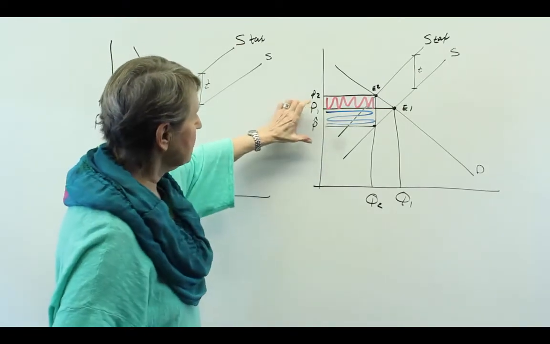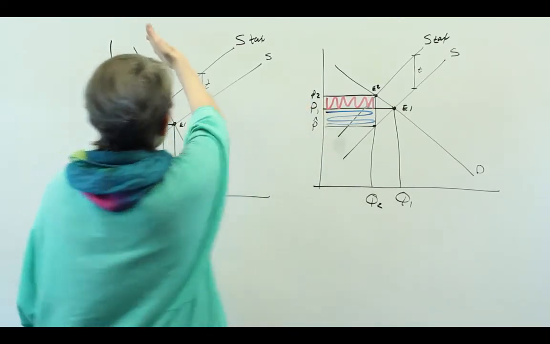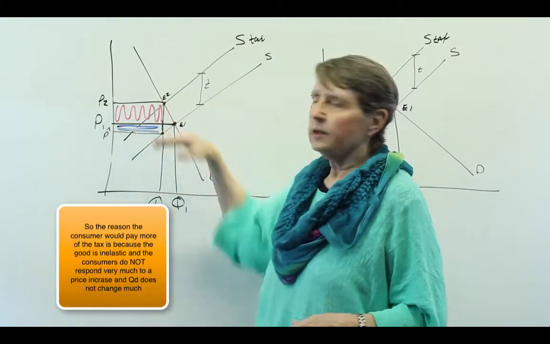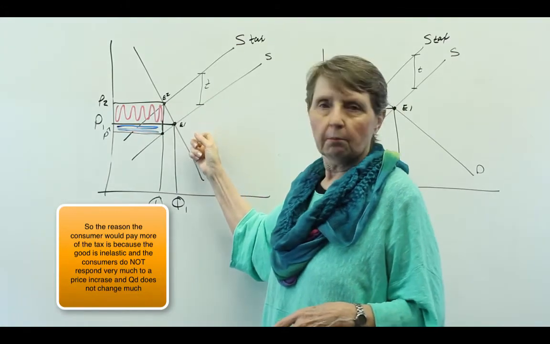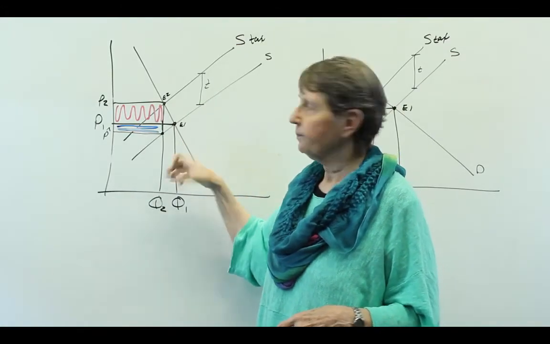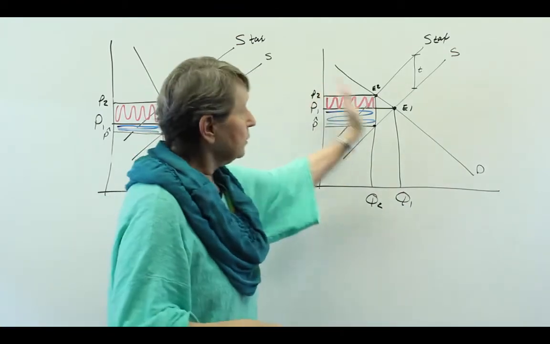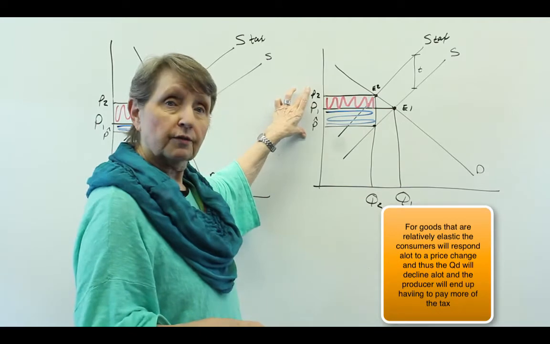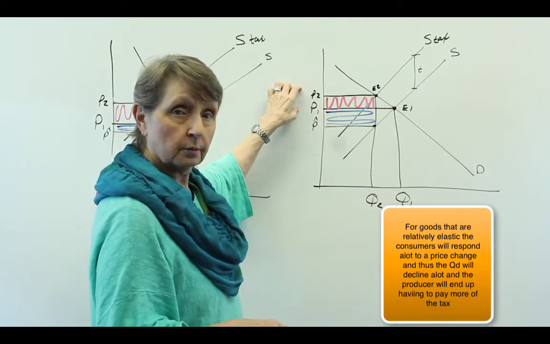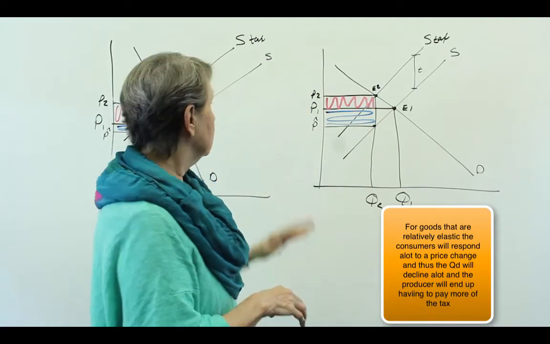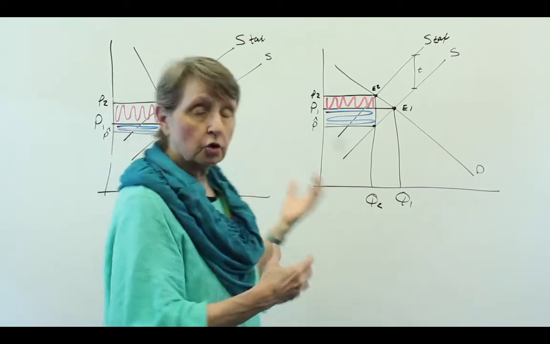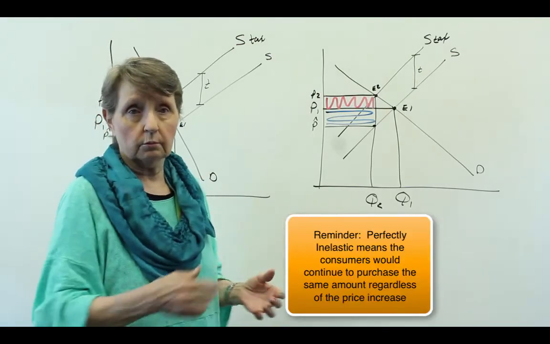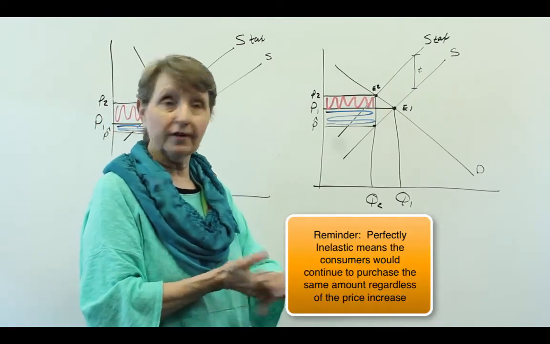And what you can see is that if demand is relatively inelastic, the incidence of the tax is borne more by the consumer than the producer. If the demand for the good is relatively elastic, then the incidence of the tax is borne by the producer more than by the consumer. The only way the consumer would bear the entire burden is if the demand were perfectly inelastic, which we can't come up with an example of.